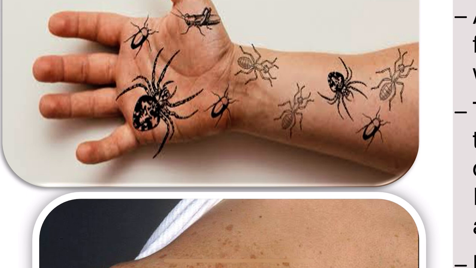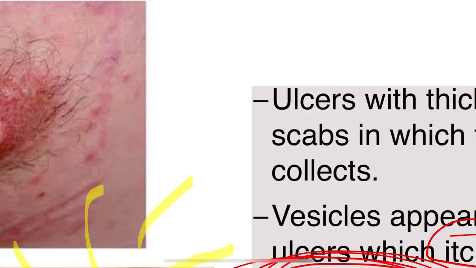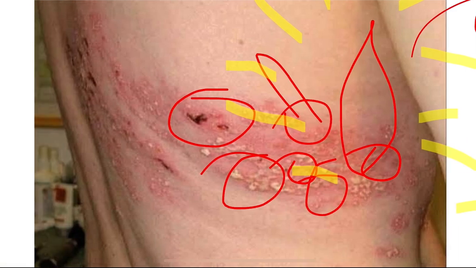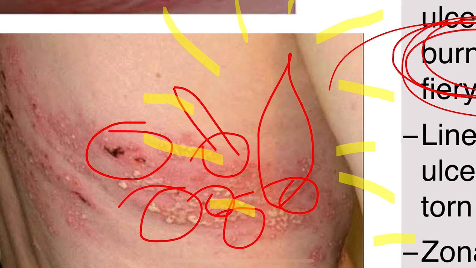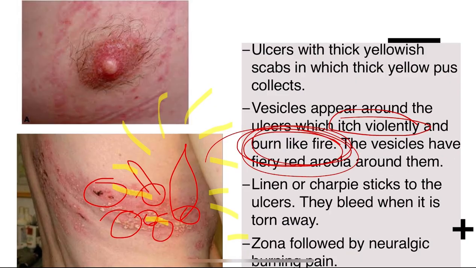Reddish elevations appear on the parts where they have scratched, and they burn like fire.